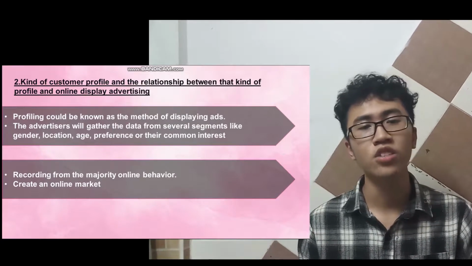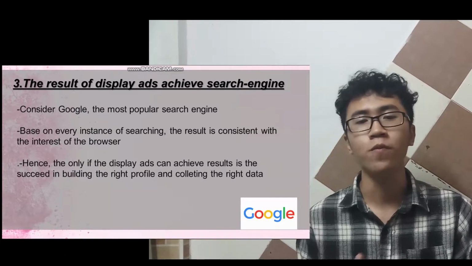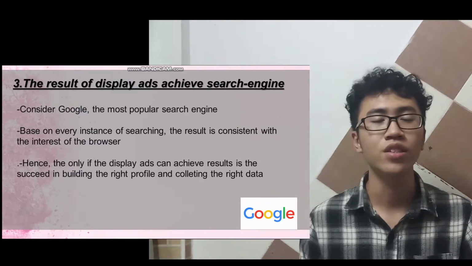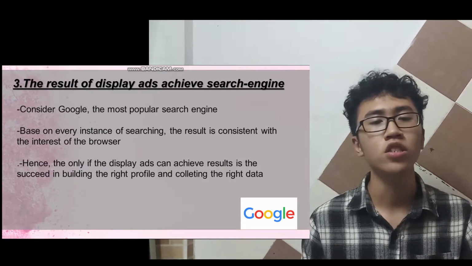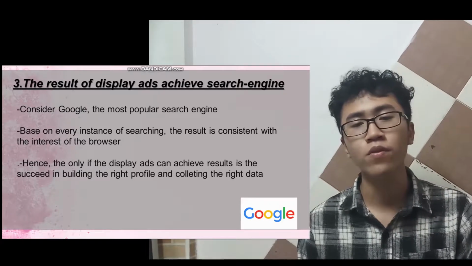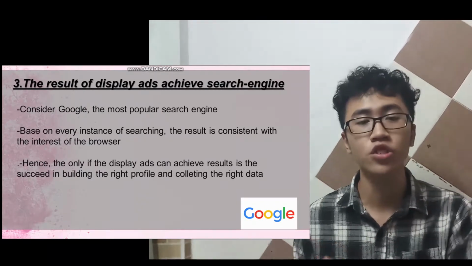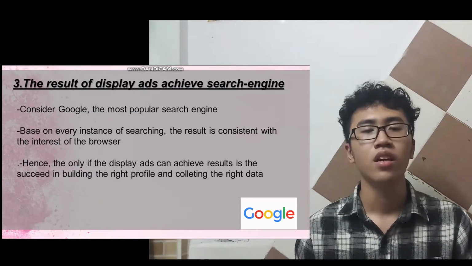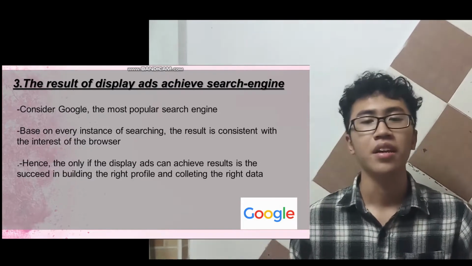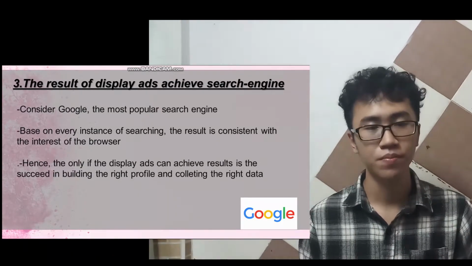By knowing the search engine results, we can have a vision of the achievement of display ads or searching as working. So we need to consider Google, the most used search engine that usually gives the most ads to customers. Based on every instance of searching, the result is consistent with the interest of the browser. They capture it and relay it to the customer when displaying ads.